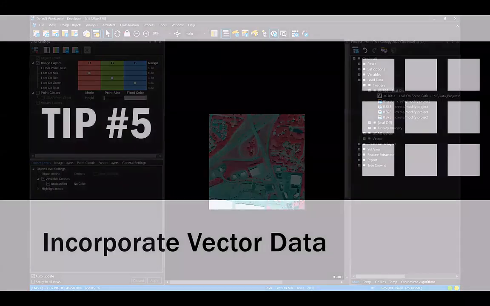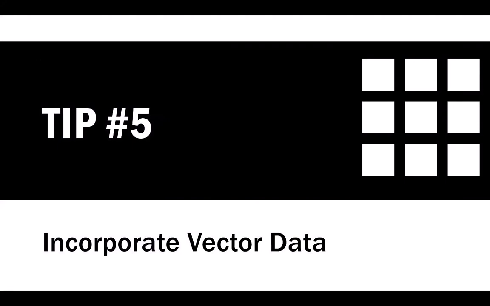Really great functionality there. So tip number 5: we saw from the poll that a lot of you are not making use of vector data in your feature extraction workflows. And this really surprises me, because I have a tough time thinking of anywhere in the world where there's not some sort of vector data or maybe raster thematic data that already maps features of interest, or at least can inform mapping.